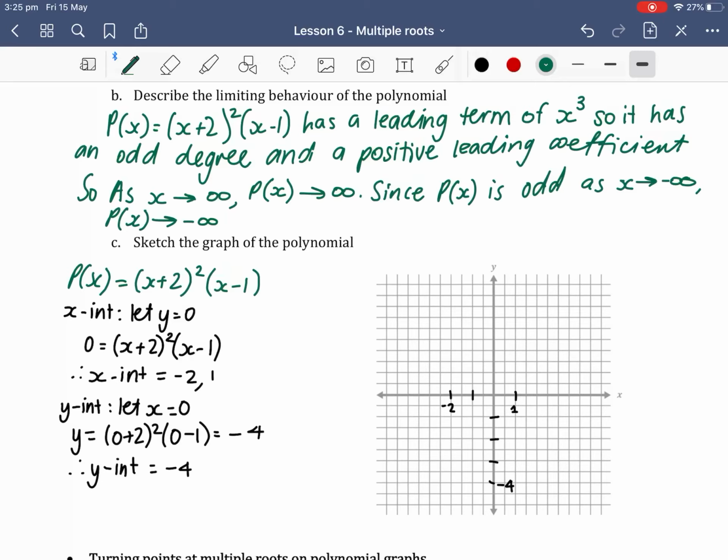It has a turning point at negative 2, goes through negative 4, up through 1, and then continues up. I'm just going to tidy that up a little bit, add our arrows, and we write that we have P(x) equals (x + 2) all squared times (x - 1).